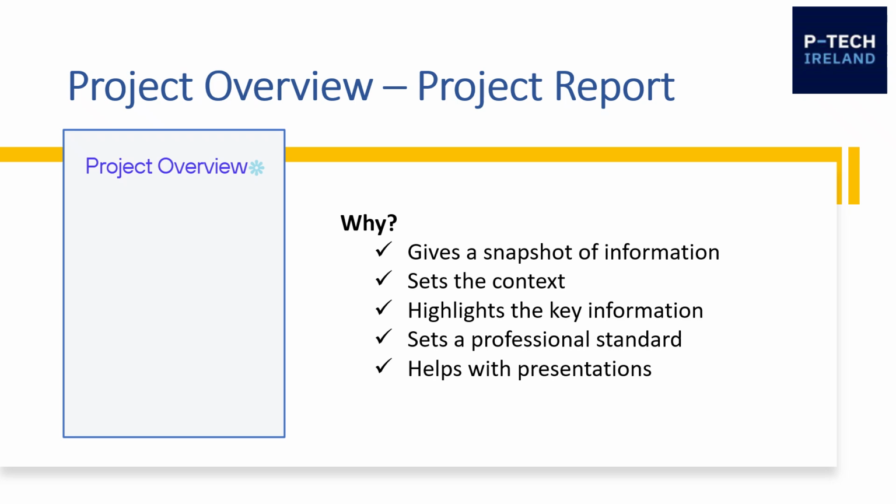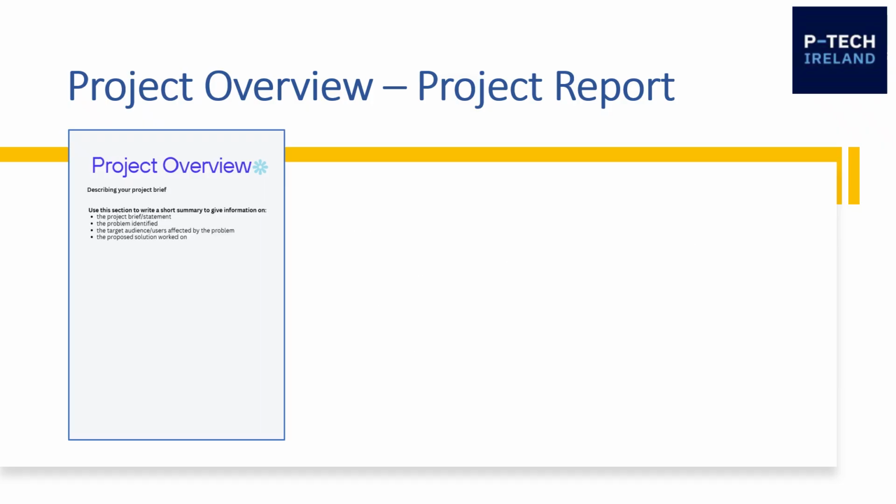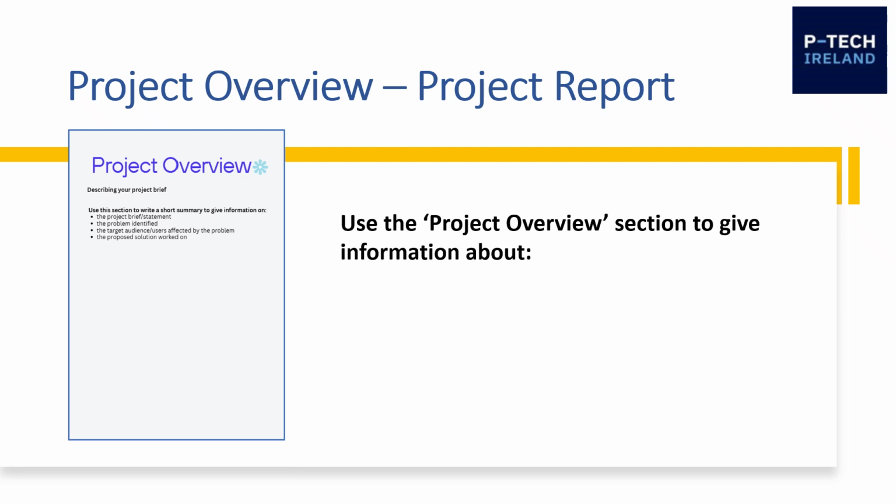So with all of this in mind, when you're creating your project overview, let's look at some different aspects that you can think about when you're completing this section of the project report. Now, you can use this section to give information on the project brief or the project statement.